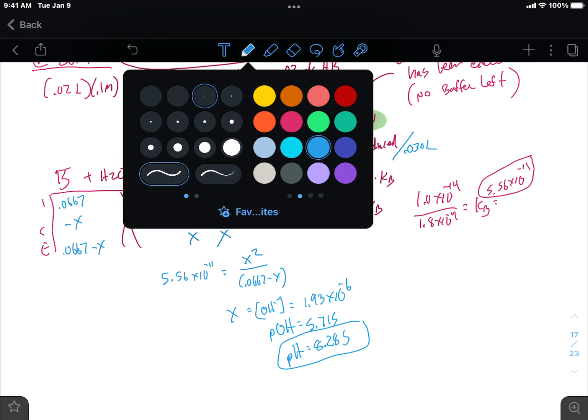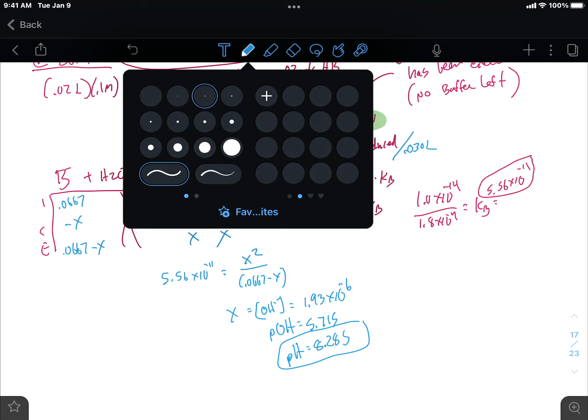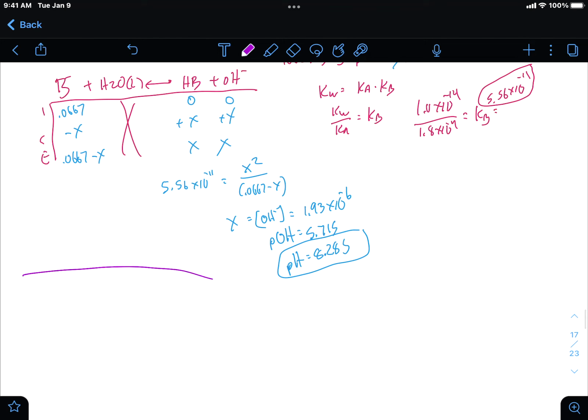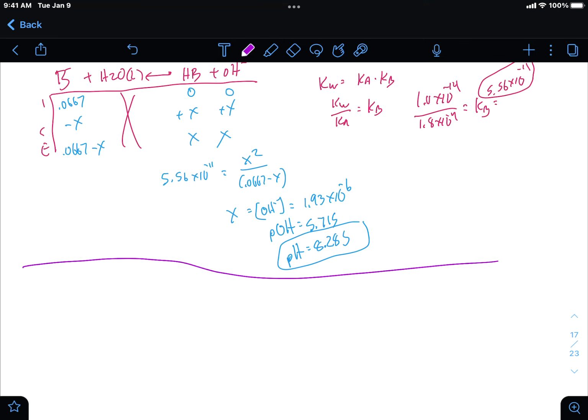Okay, so let's calculate, what's a color I haven't used? Let's do 22 milliliters. So 0.022 liters, 0.1 molar, 0.0022 moles of OH minus.